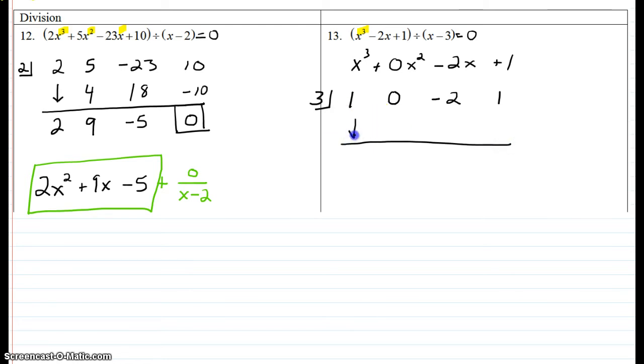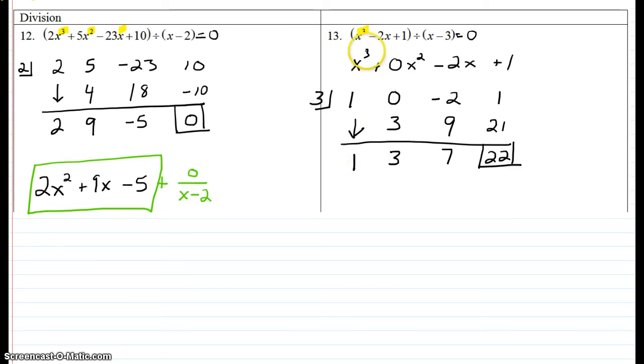Bring down. And now multiply. 3 times 1 is 3. 3 times 3 is 9. Negative 2 plus 9 is 7. 7 times 3 is 21. And 1 plus 21 is 22. So this is my remainder. So now I have to write it.